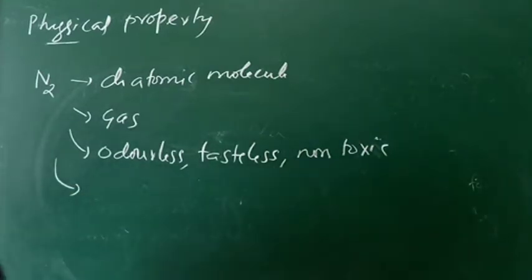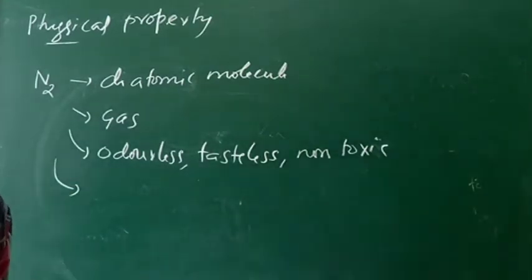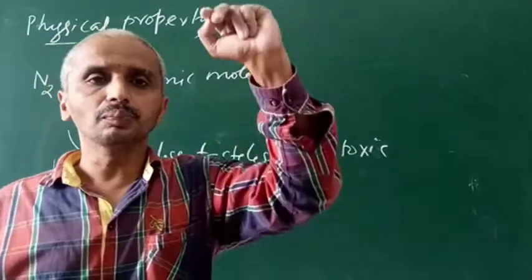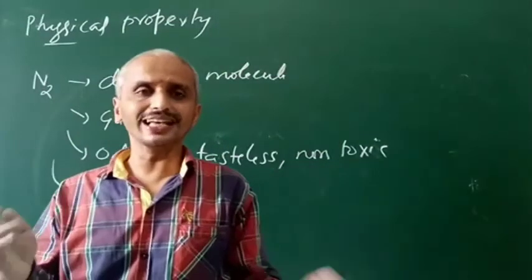Exists in isotopic form. What are isotopes? Elements having the same atomic number but differing in their mass number, that is the isotope.